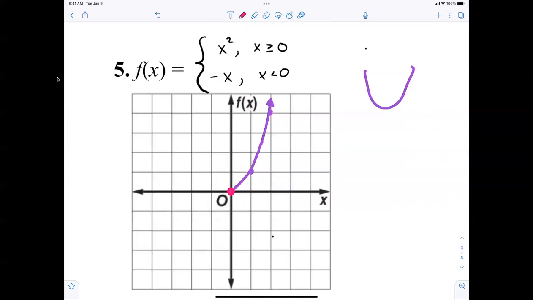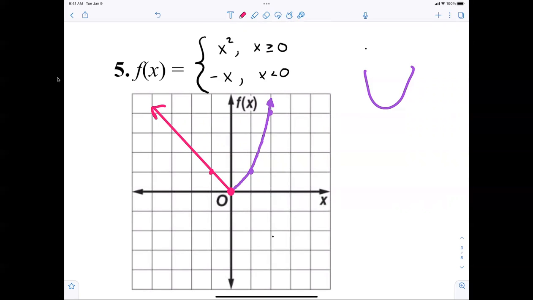Negatives. So if I plug in -1, what do I get? 1. Now we know it's linear, so that means the slope remains constant. With that being the case, we can just draw this line. And there's your graph. That's your piecewise function.